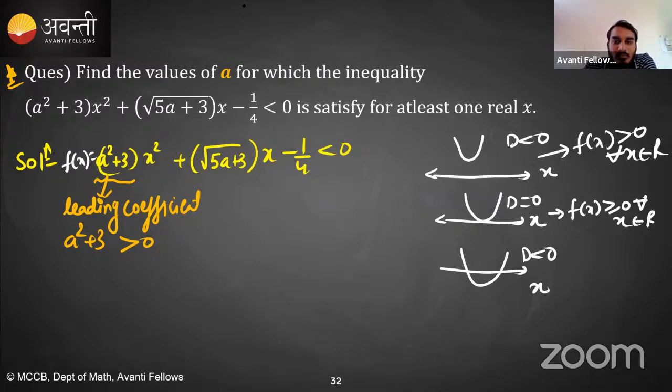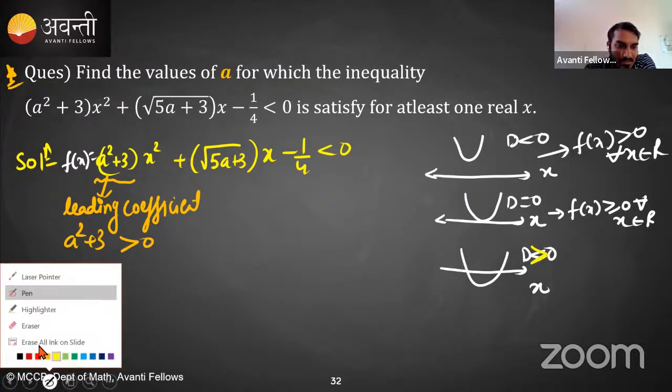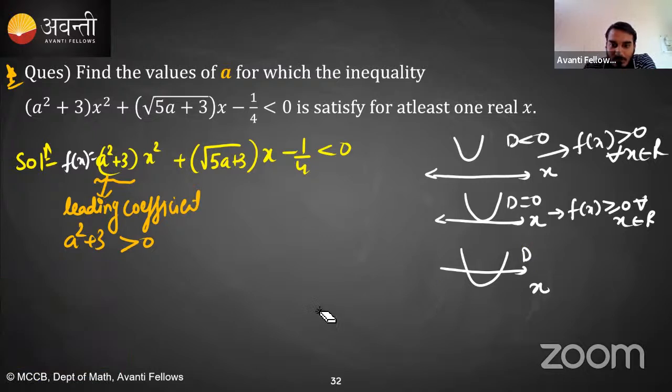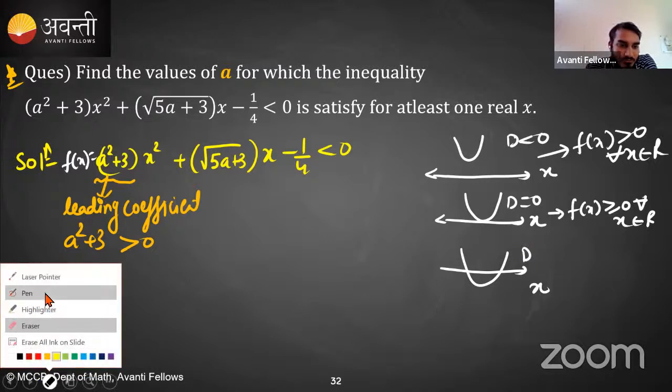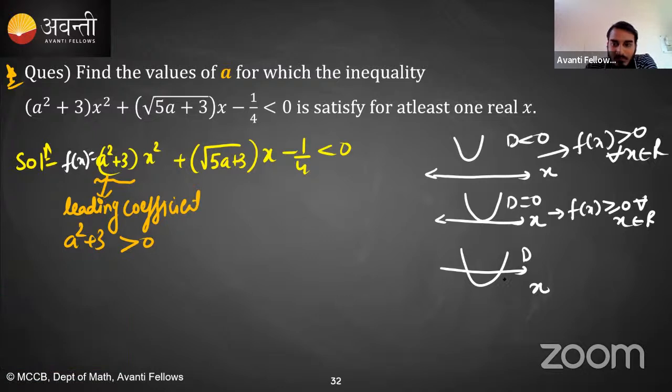Now if D is greater than 0, it means there are two roots, so for some x we will get a negative value.